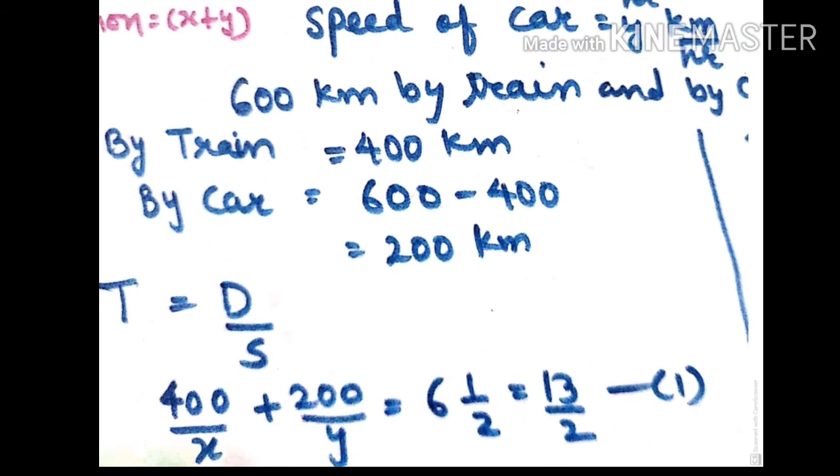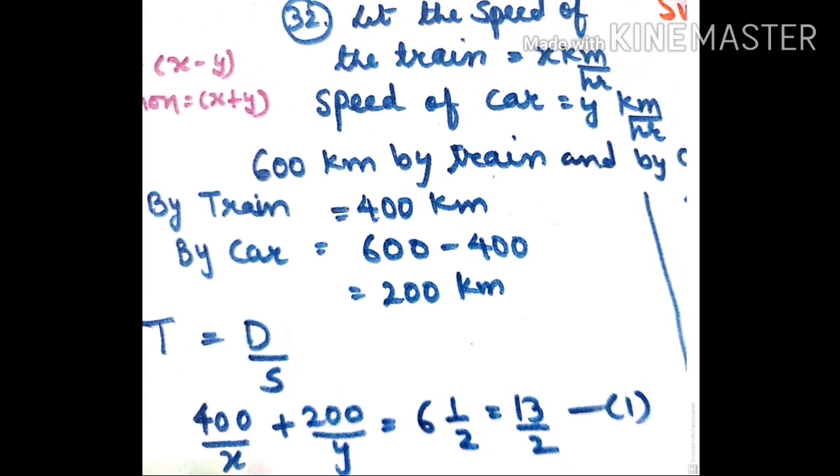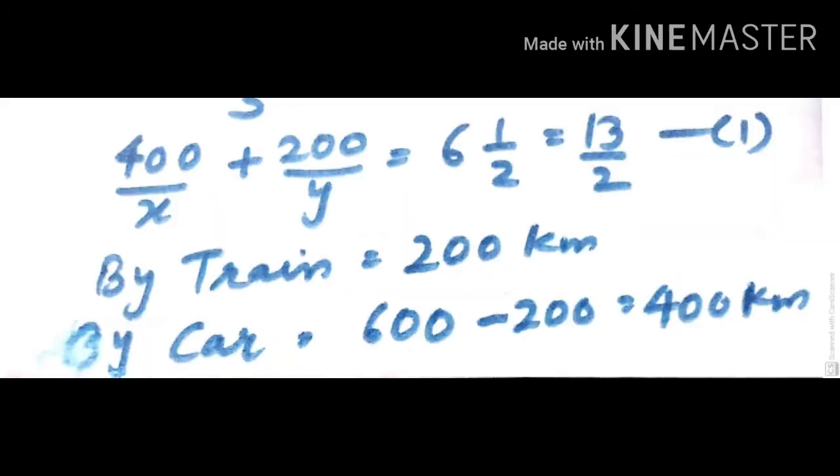Now we read further. But if he travels 200 km by train and the rest by car, then the total distance 600 minus the train distance 200 is equal to 400 km. So the rest of the distance by car means 400 km he covers by car.